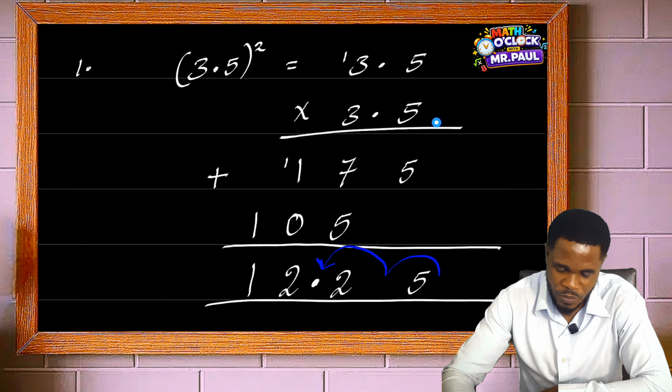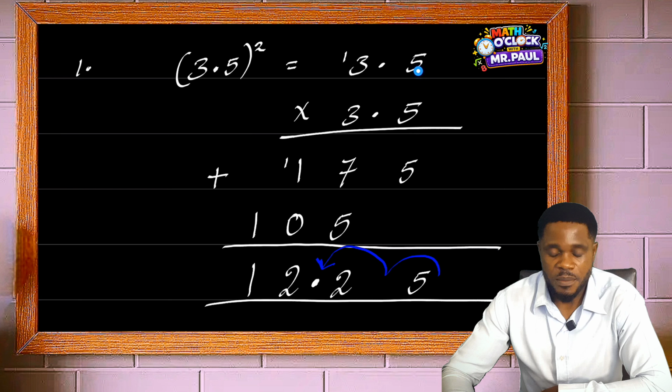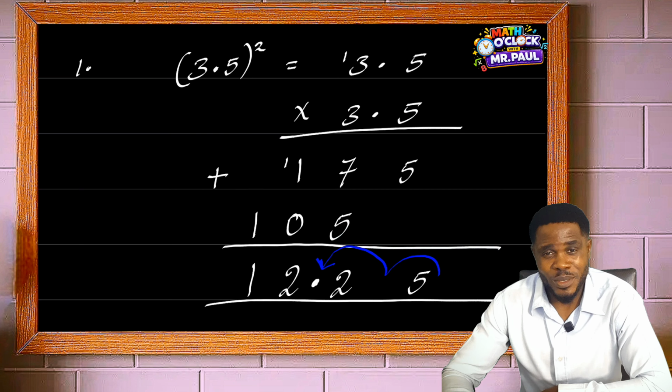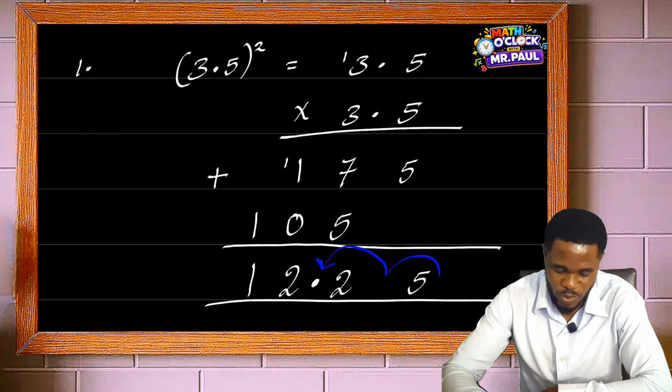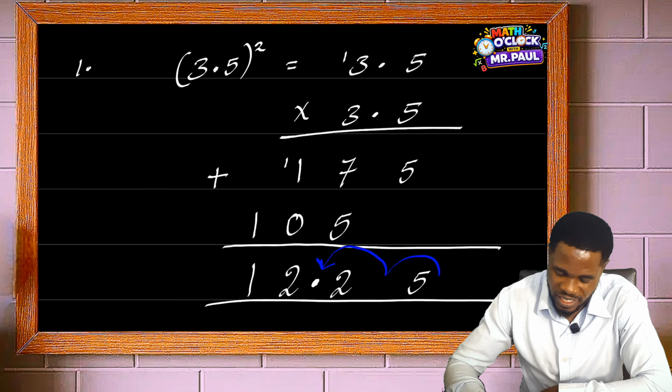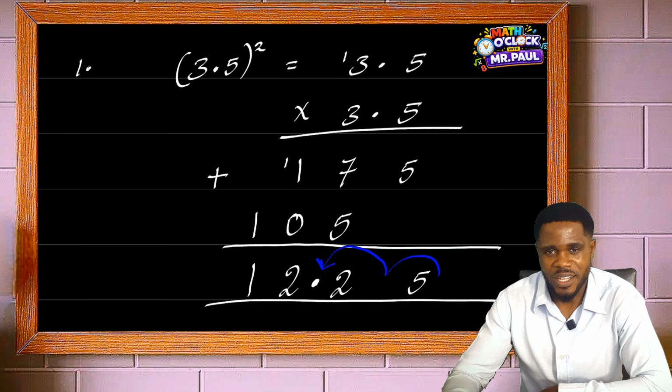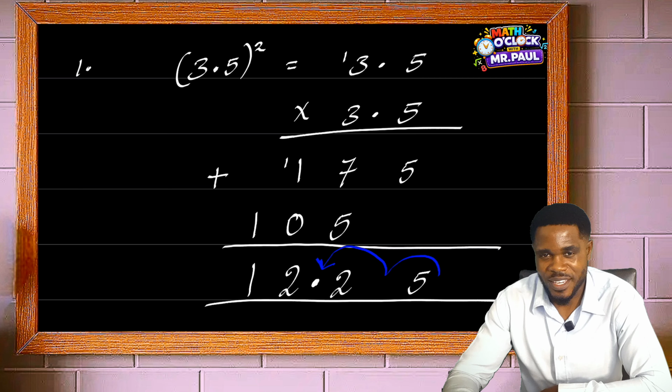Since we have 2 digits put together at the fractional part, in your answer you are also going to have 2 digits at the fractional part, which is this and this. You place your decimal point here. Therefore, our final answer is 12.25. That's what you're going to get when you square the decimal 3.5.